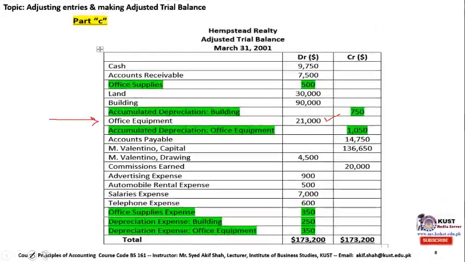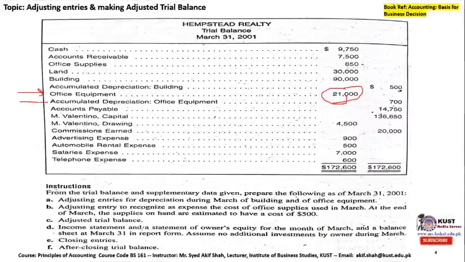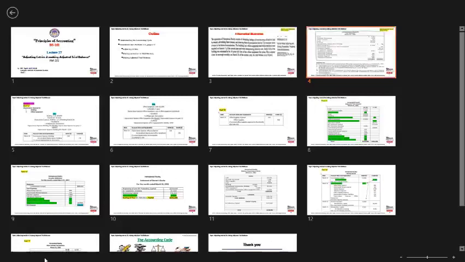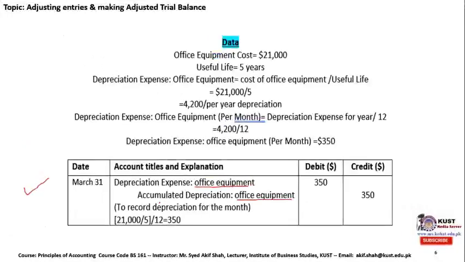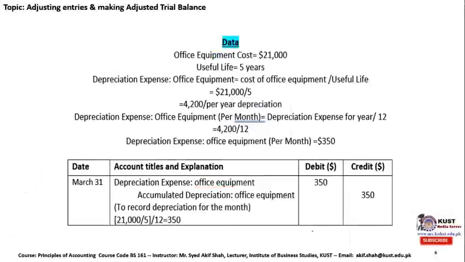So let's move ahead. The next title in the trial balance is accumulated depreciation office equipment, and as we know, this was also affected in our part A under the instruction. You can see that. So we have to go to the adjusting entry in part A that consists of the details related to office equipment.